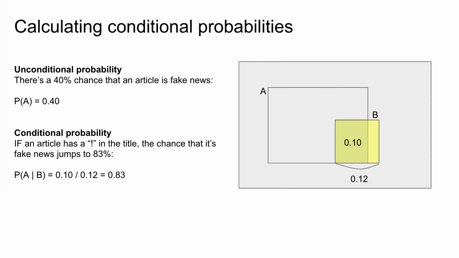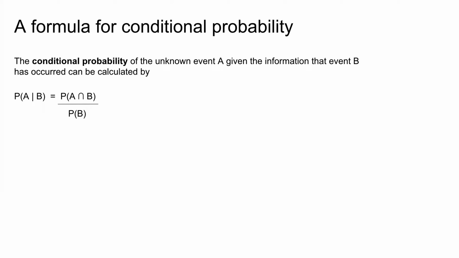Using probability notation, notice that we obtained this figure by considering the intersection of event A with B relative to the shrunken sample space of event B. In general, the conditional probability of the unknown event A, given the information that event B has occurred, can be calculated by dividing the probability of observing event A with B relative to the probability that event B occurs in the first place.